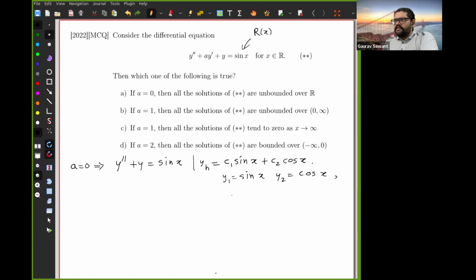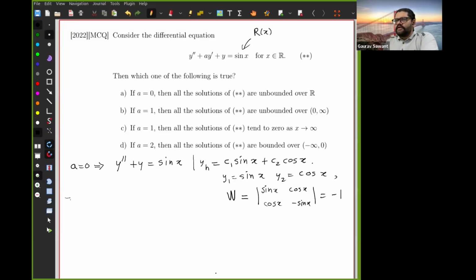Then my W is sin x, cos x, cos x, minus sin x, which equals minus 1.